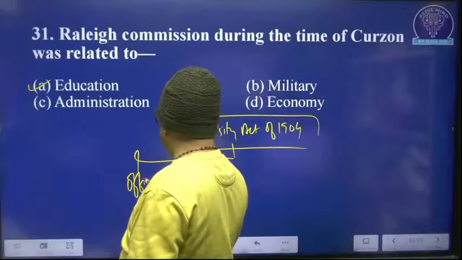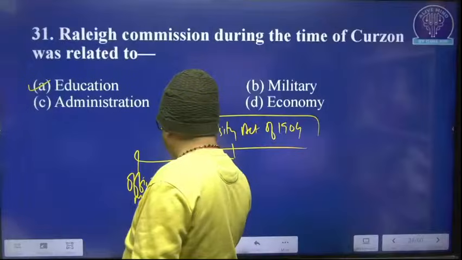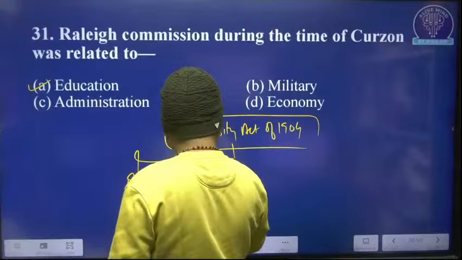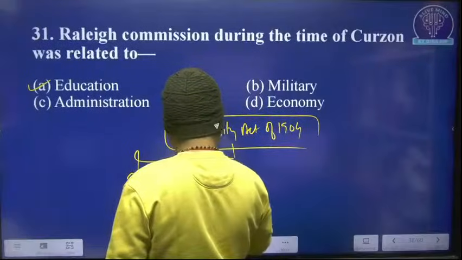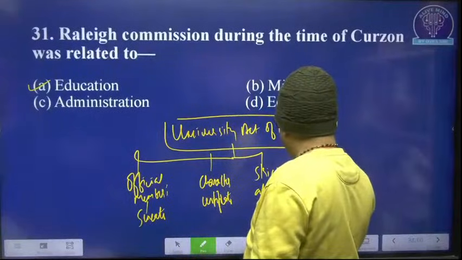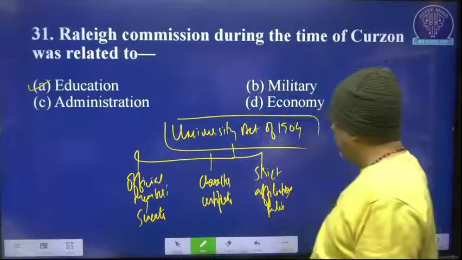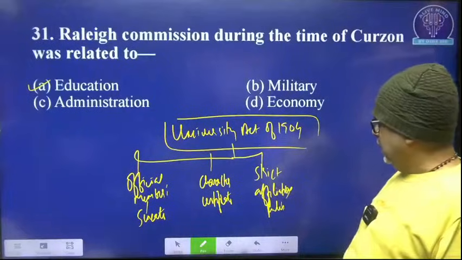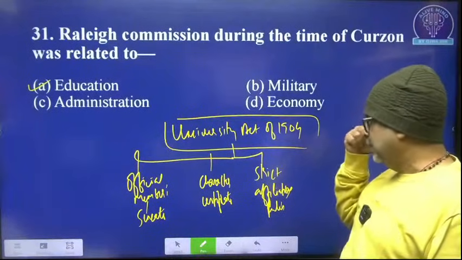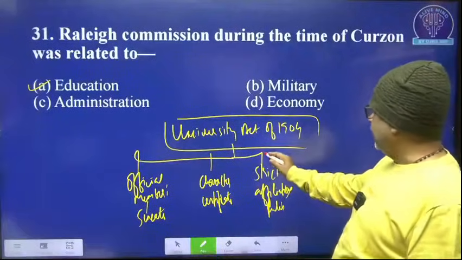Increase of official members in the Senate of the University, provision of character certificate, strict affiliation rules, periodical inspections.